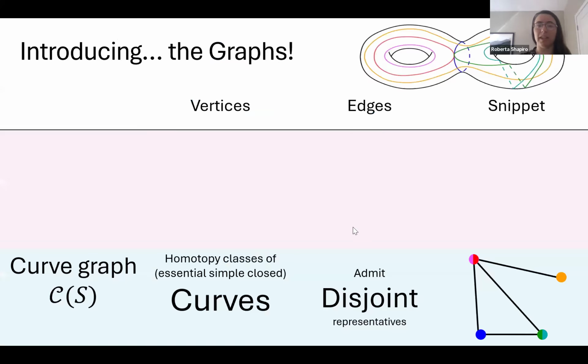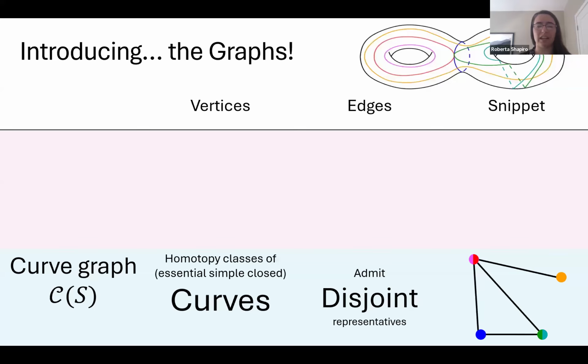Right, so on one hand, we have a graph introduced probably somewhere in the 60s, and it's called the curve graph of a surface. Whenever we have a graph, we need to know what the vertices and the edges are. The vertices here are the homotopy classes of essential simple closed curves. What does this mean?